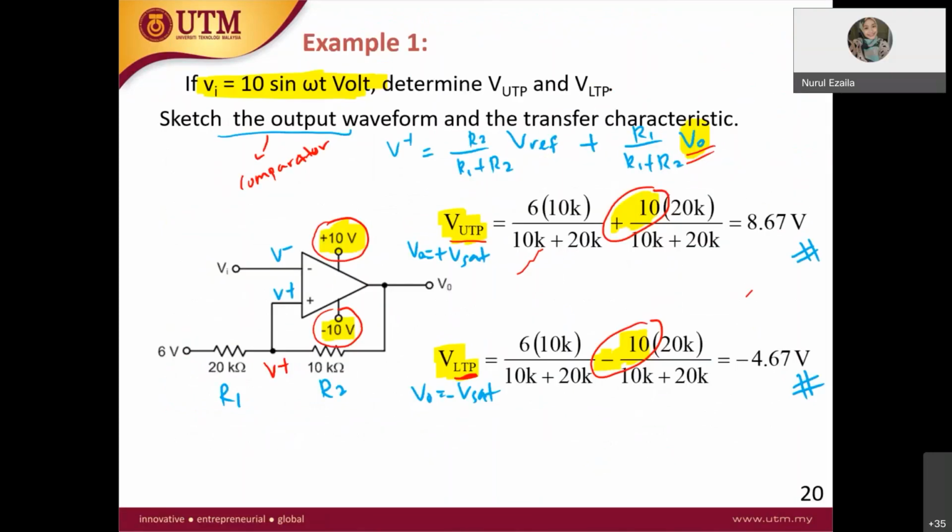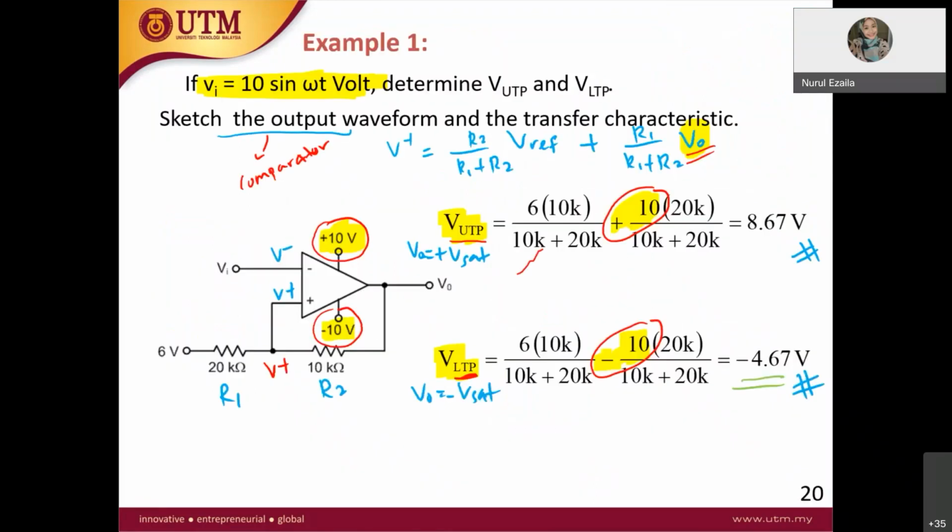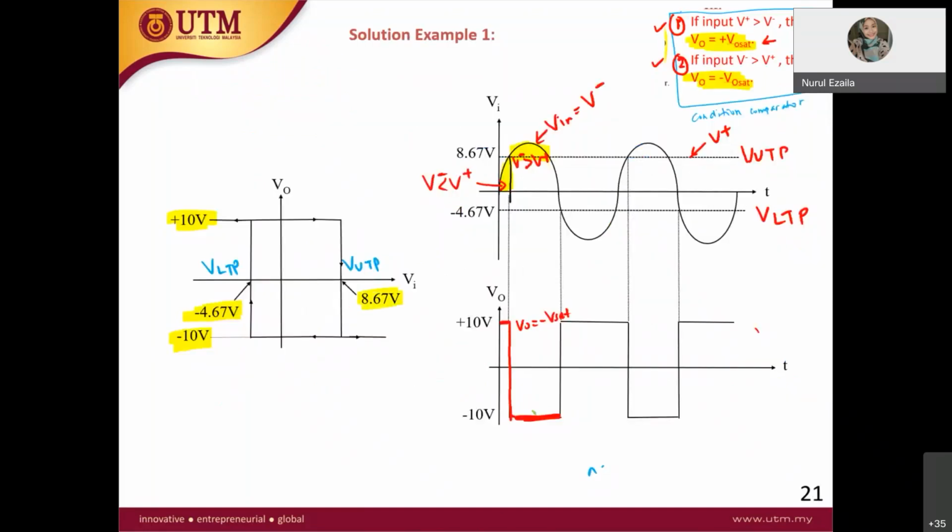Since your VLTP is negative 4.67 volt, and VUTP is equal to 8.67, therefore this is 8.67.